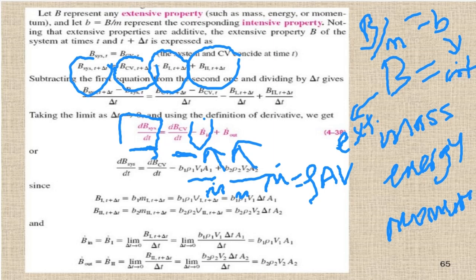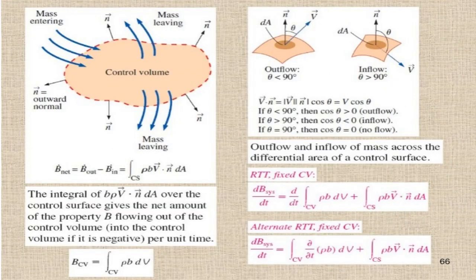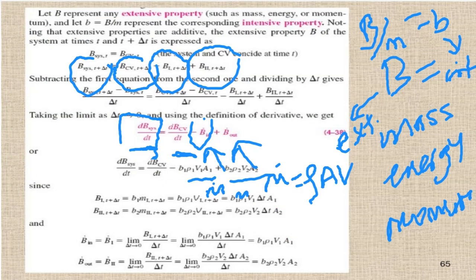So mathematically, the leaving and entering amounts can be written by small case b, the intensive property, times m dot for the out as well.